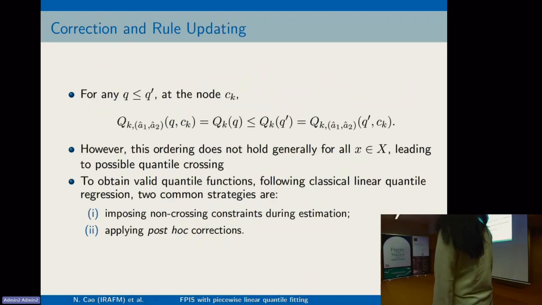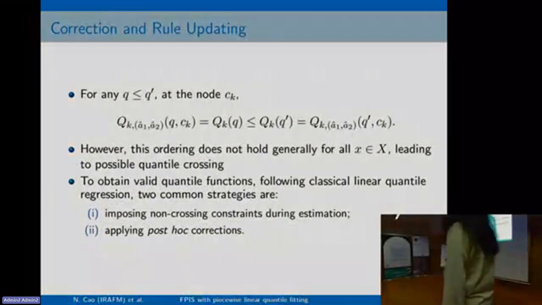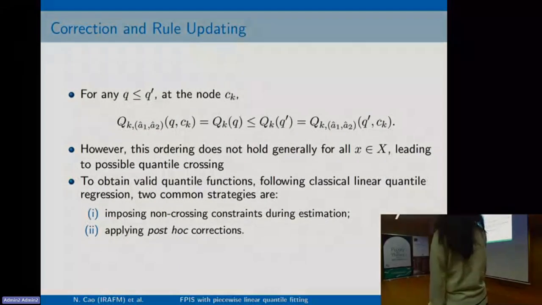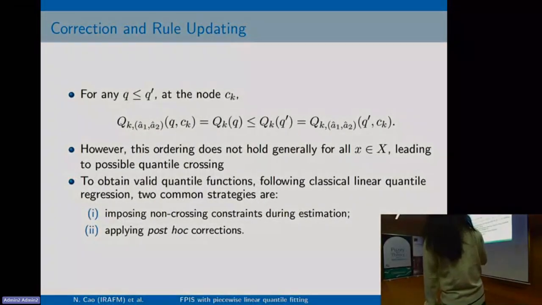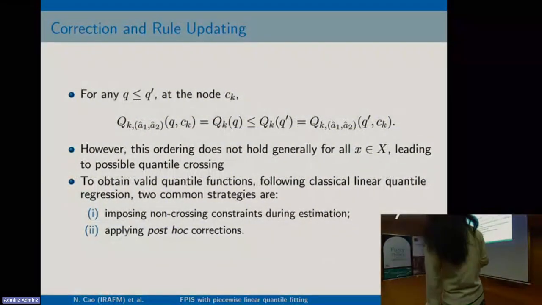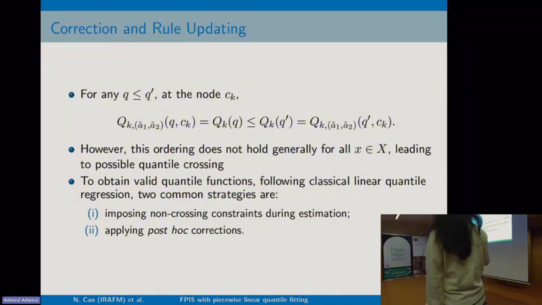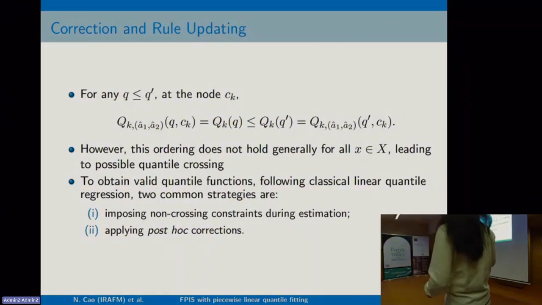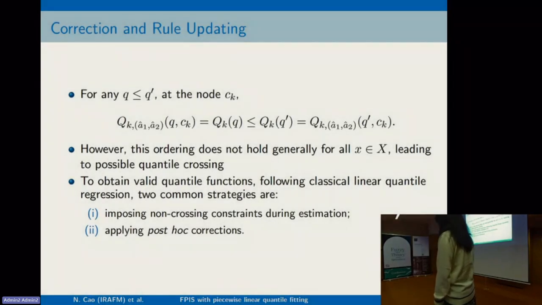So how to fix it? How to correct it? At the node, it's always true that the quantiles are monotonically increasing, but for any other input it's not guaranteed. To obtain a valid quantile function, it needs to be non-decreasing.